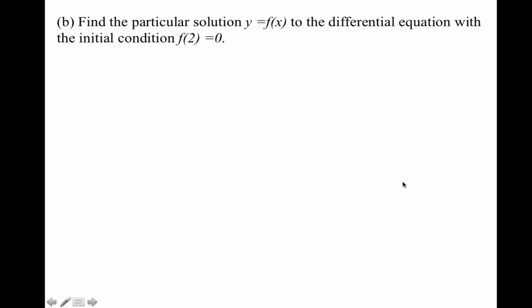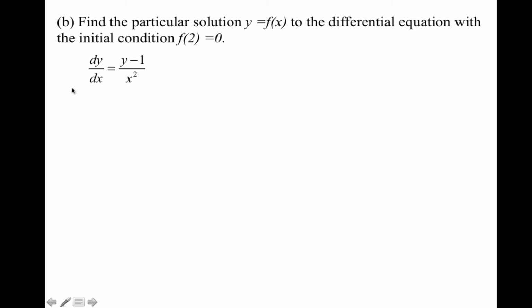All right, for part B, we want to find the particular solution y equals f of x to the differential equation with the initial condition f of 2 equals 0. So this is doing the separable differential equations. So this is my differential equation. I'm going to separate the variables.